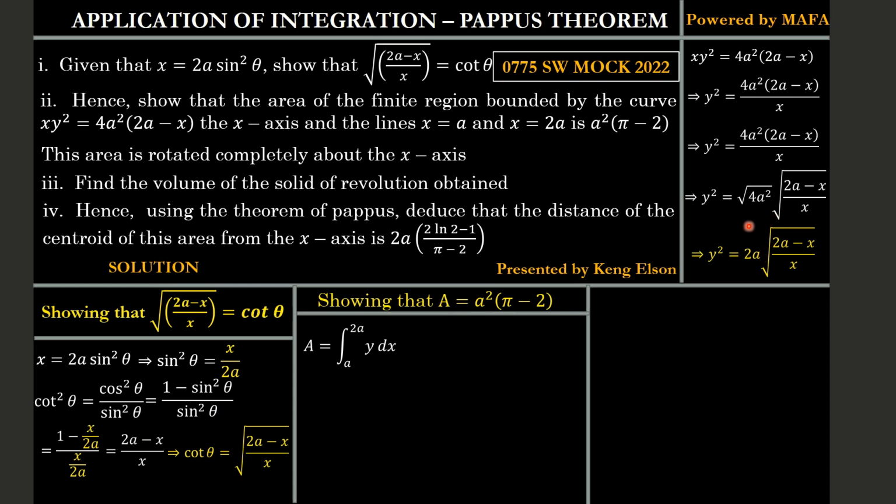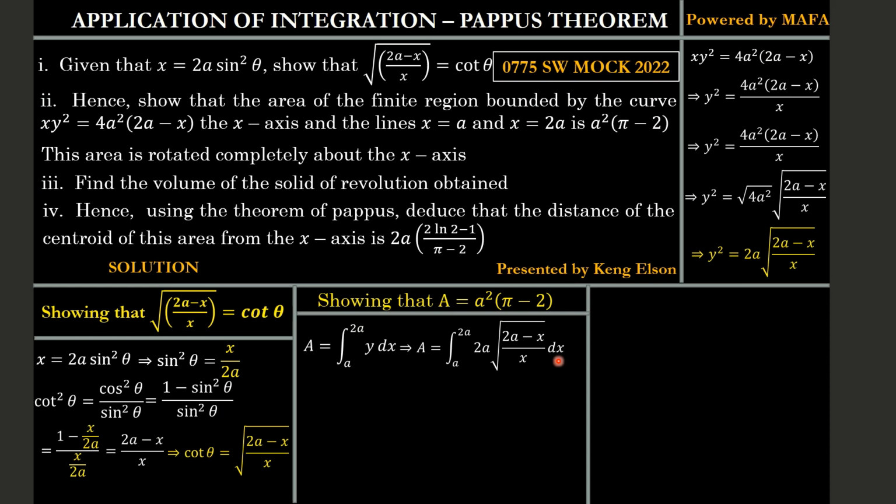The left hand side is supposed to be y and not y squared, so sorry for the error. So the left hand side gives us y and the right hand side gives us 2a times the square root of (2a minus x) all divided by x. So our integral becomes the integral from a to 2a of y, where y is 2a times the square root of (2a minus x) all divided by x.